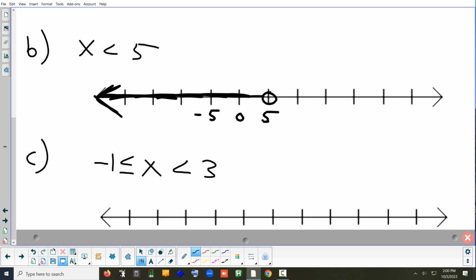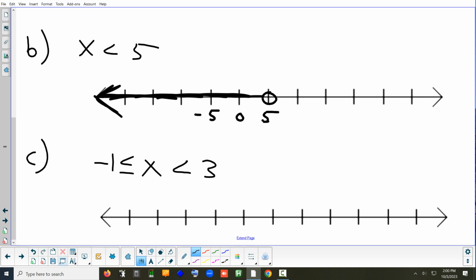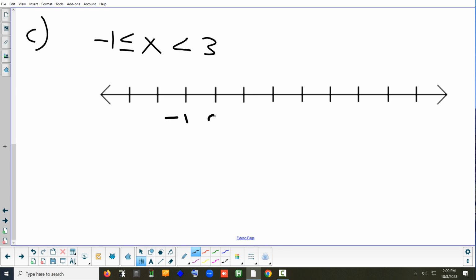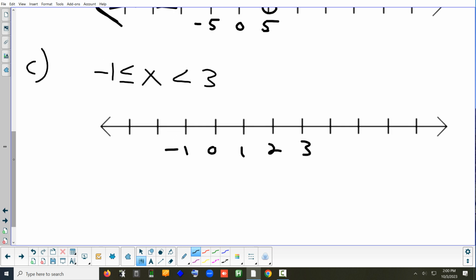All right, and let's try this one. Okay, so we're going to need the number line from -1 to 3. That's good enough. How many circles do I need this time? 2. I need 2. What kind of circle on -1? Closed. And what about the other circle on 3? That's open.